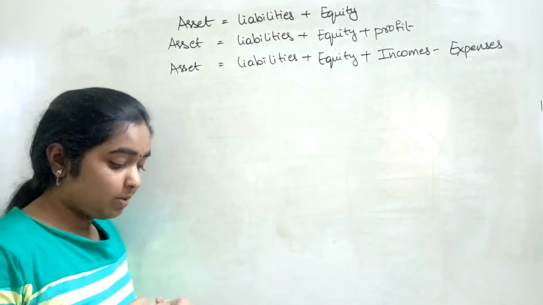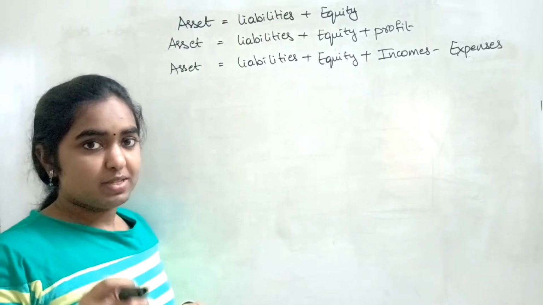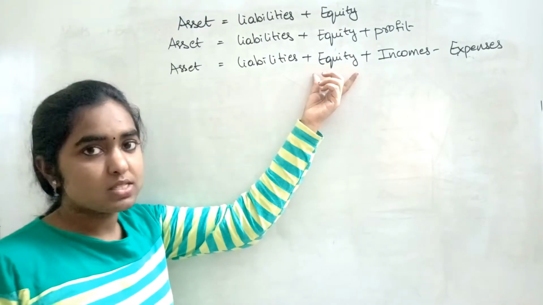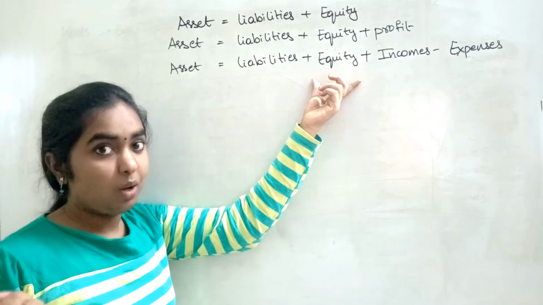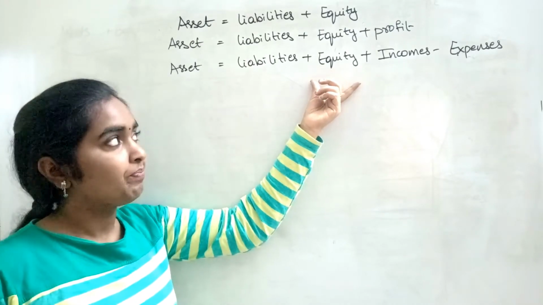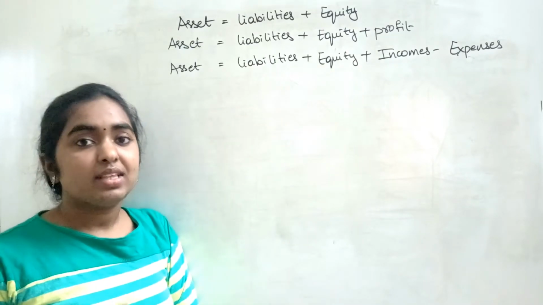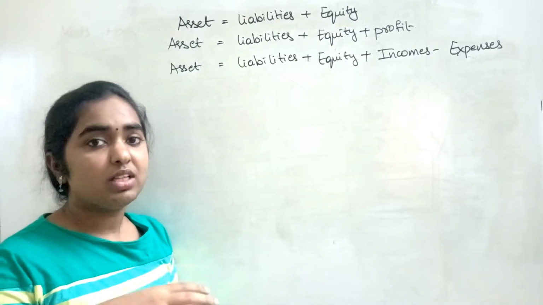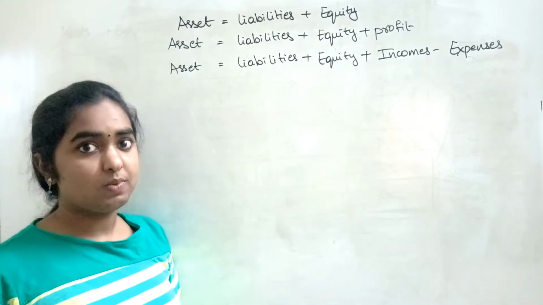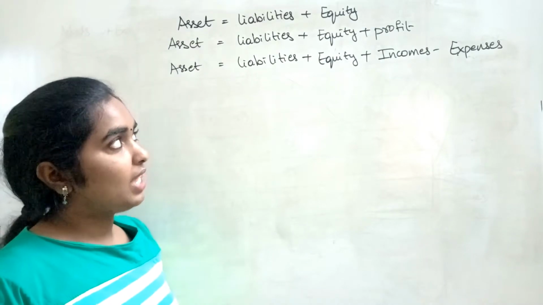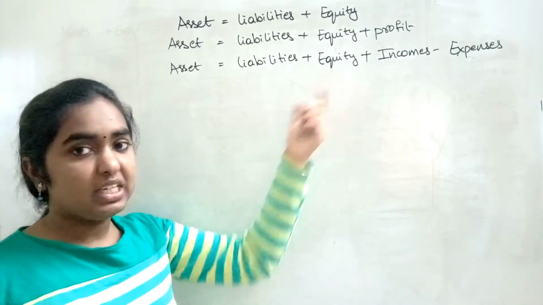And also there is another concept of drawings. Drawings means what? First of all, equity means whatever the amount which the owner has invested is called as equity. And drawings is the amount or goods whatever the owner has taken from the business, which will be considered as drawings. That drawings will be deducted from the equity.